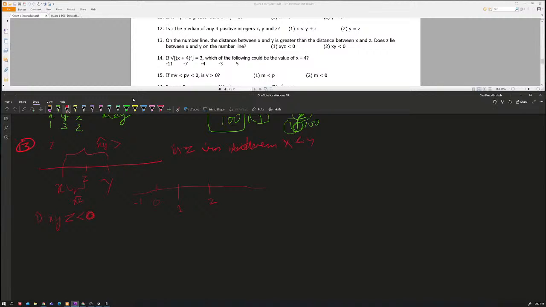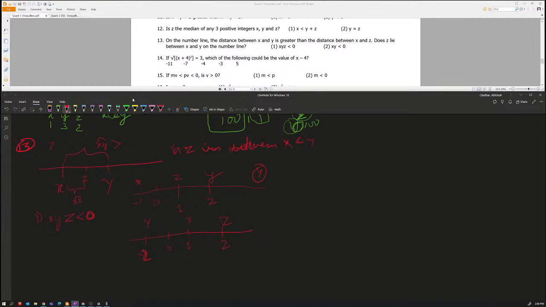And y 32. This is x, this is z, and this is y. So in this case, it lies in the middle, so you get a yes answer. But if I take x, y as minus 1, x as 1, and z as minus 2, okay, this was anyways okay.